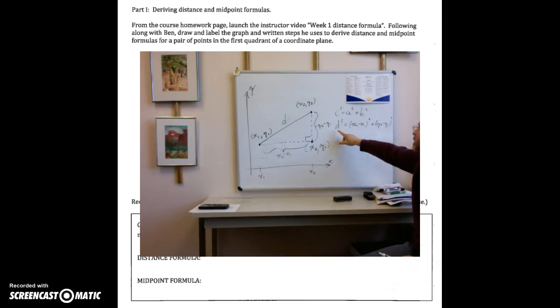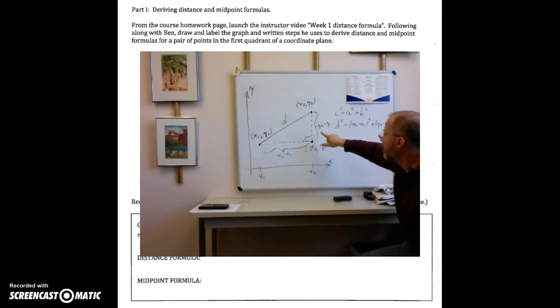So writing this out, d squared equals x2 minus x1, the difference in the x coordinates, squared, plus y2 minus y1, the difference in the y coordinates, squared, is just filling in the Pythagorean theorem for this right triangle.